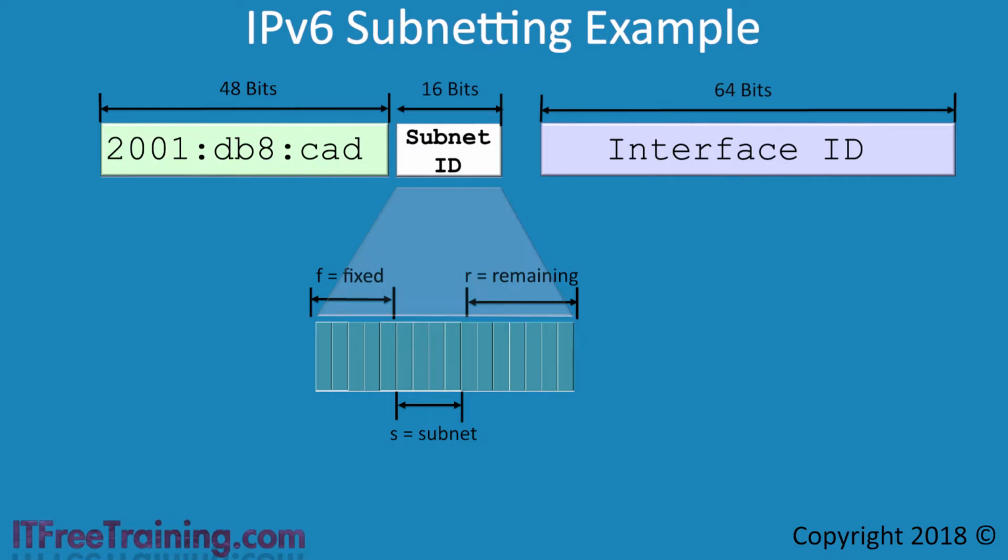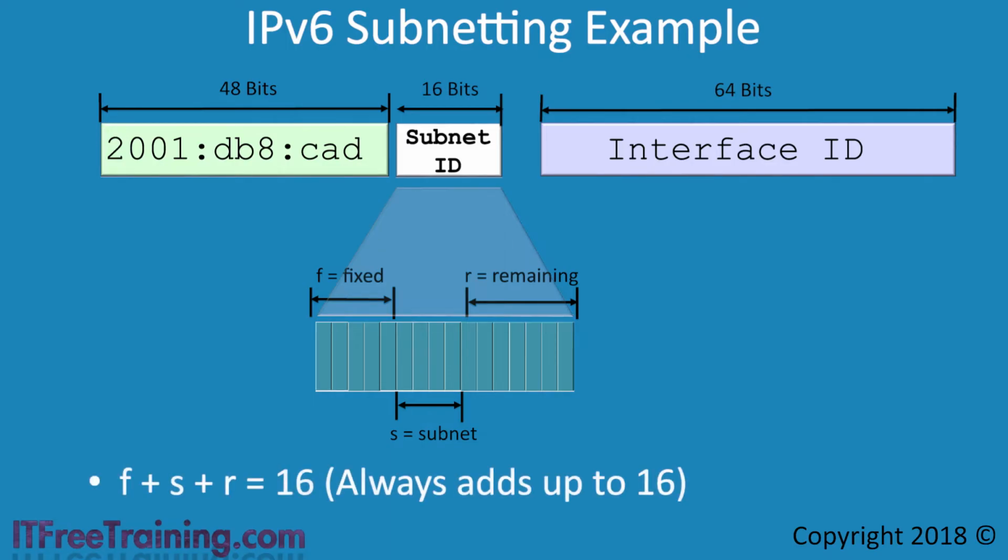With IP6, it is possible to create hierarchies of networks. The R value is how many bits are left that can be used later on to create additional levels of subnets. The important point to remember is that F plus S plus R equals 16 bits. If the values F plus S plus R do not add up to 16, a mistake has been made.